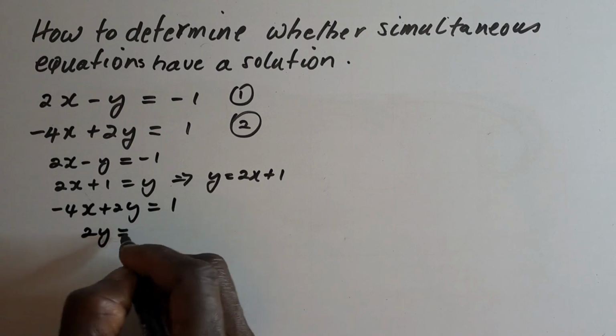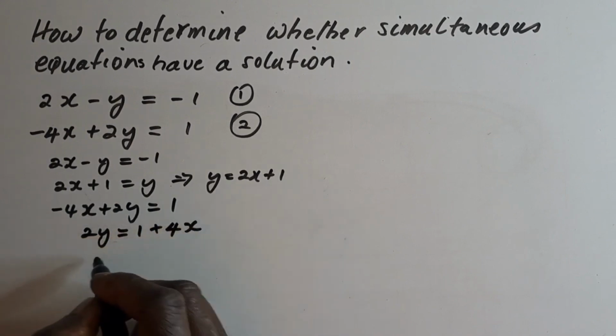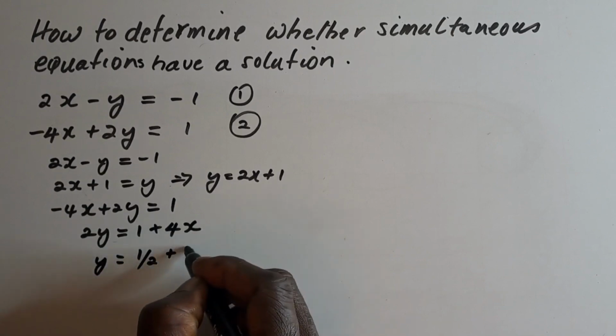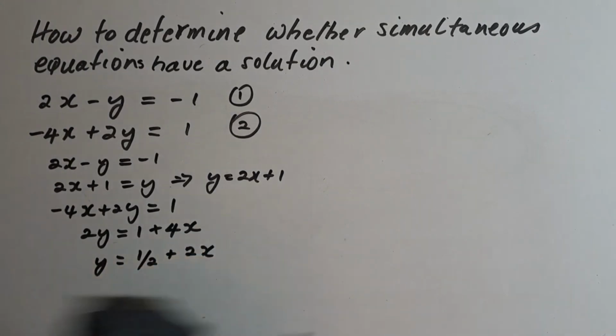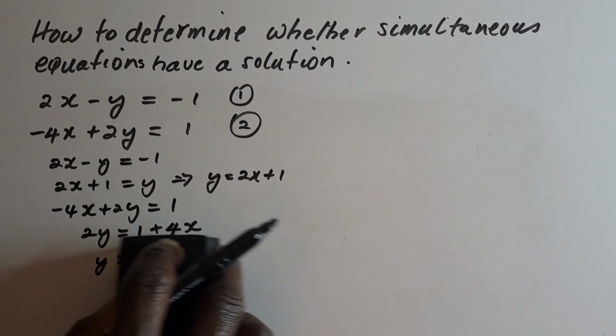Gives us 2y is equal to 1 add 4x, and y is equal to a half add 2x, or we can write 2x add a half.